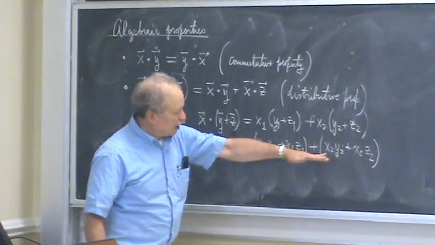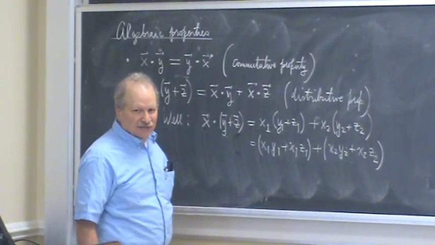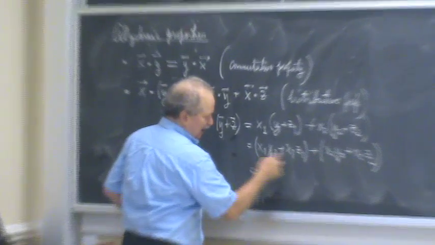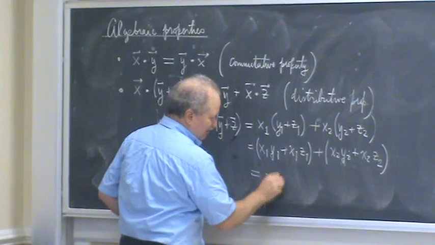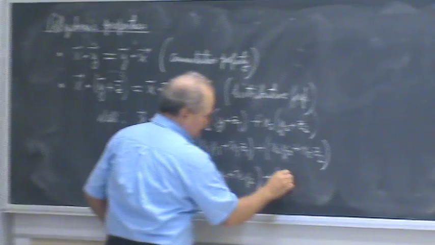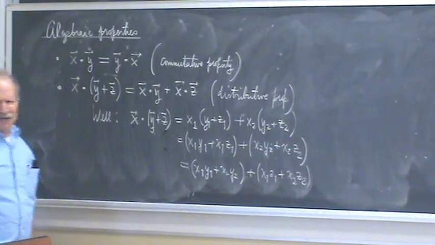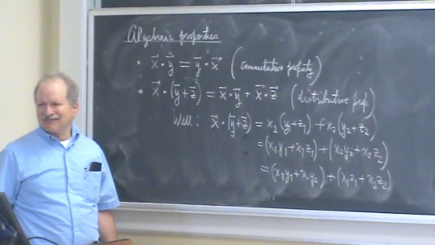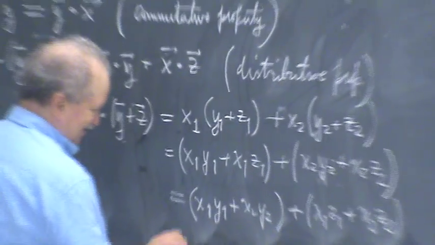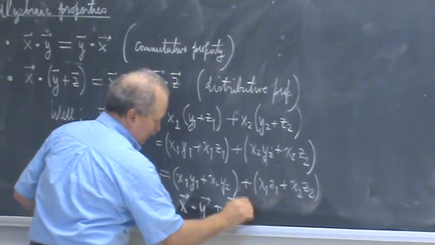Right, so you distribute, and now what do I do with this? I can put the y terms together, and I can put the z terms together. So officially, this is using commutative and associative properties of addition of real numbers. And this is x dot y plus x dot z. Okay.